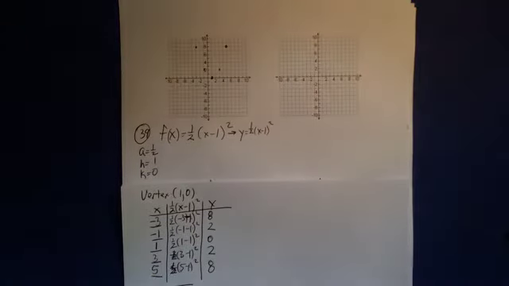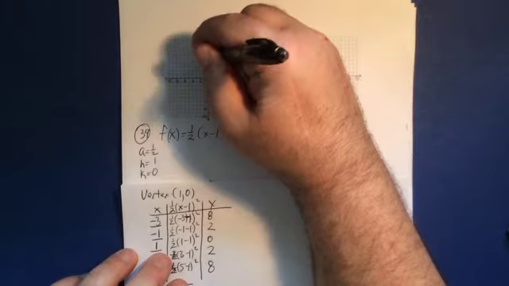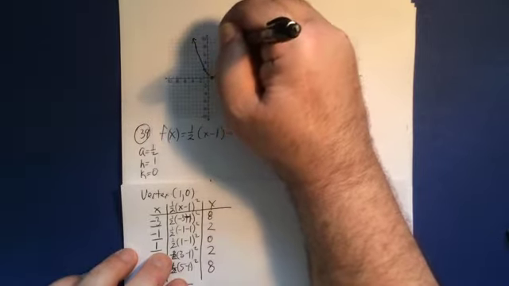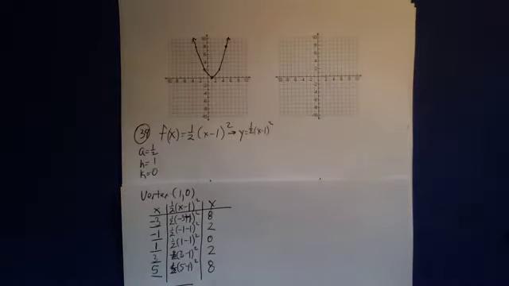So when we compare the graph of this quadratic function with the graph of the previous one, you'll note that the only difference in the function itself is that a is equal to 1/2.